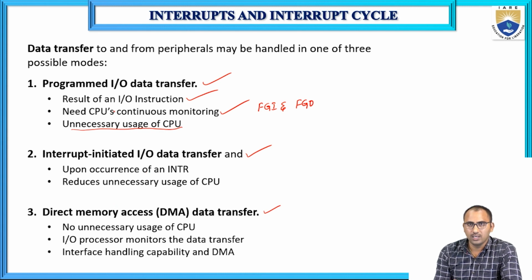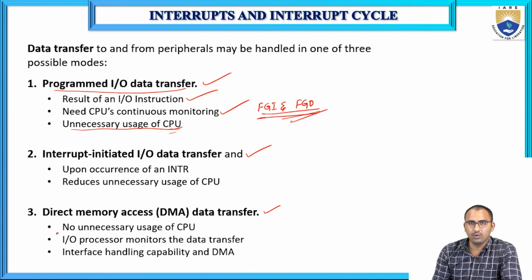The CPU is utilizing its time for checking the flag bits, but that is not the purpose of the CPU. The CPU has to execute some important instructions and programs, but instead it is spending time on checking the flag bits. So that is a drawback of this programmed IO data transfer.